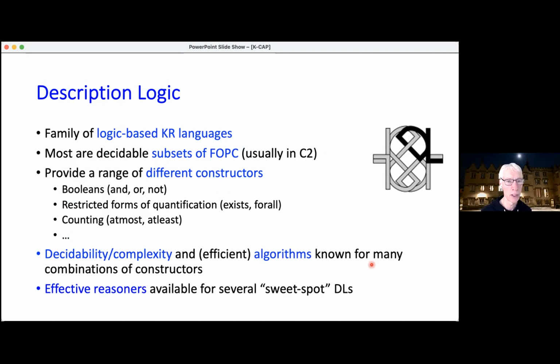And the description logic community over the years have explored this space, discovered the complexity results for different combinations, and sort of identified sweet spot languages and constructed quite effective reasoners for several of those description logics that seem to occupy some sort of sweet spot between expressive power and computational behavior.